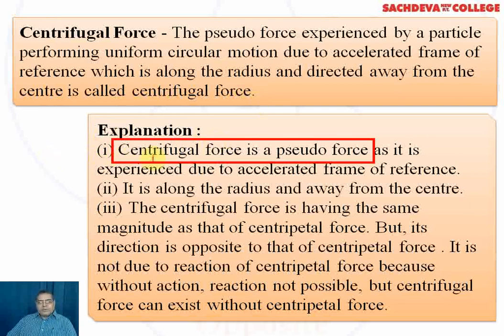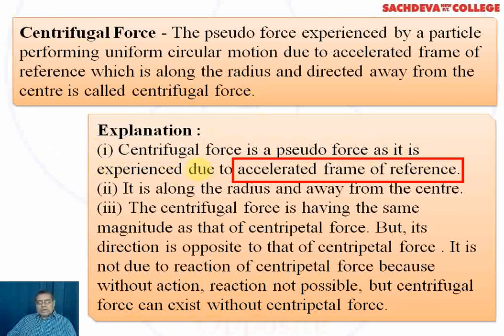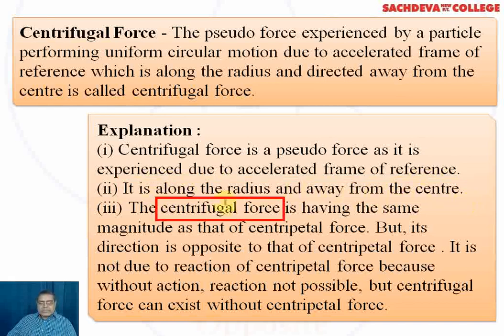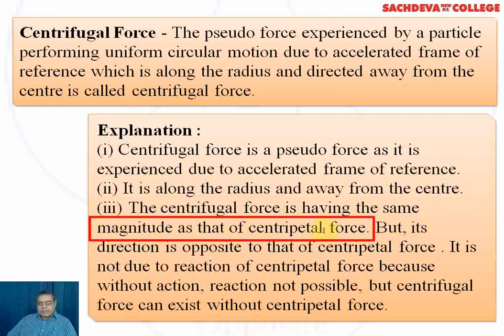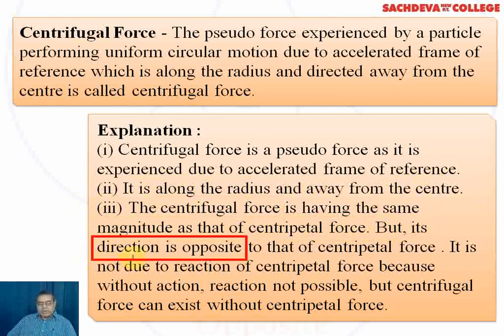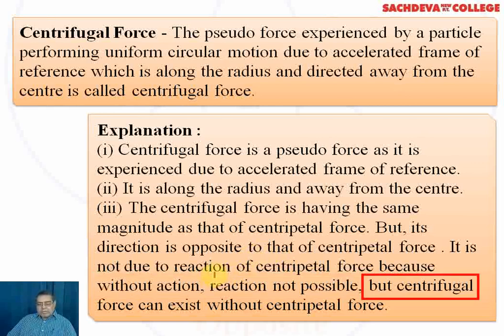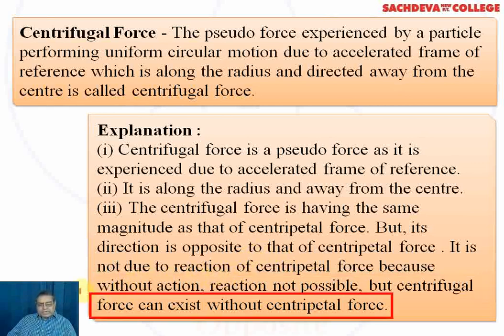Now there are certain explanations regarding the centrifugal force. Centrifugal force is a pseudo force as it is experienced due to the accelerated frame of reference. It is along the radius and away from the center. The centrifugal force has the same magnitude as that of centripetal force, but its direction is opposite. It is not due to the reaction of centripetal force because without action, reaction is not possible, but centrifugal force can exist without centripetal force.